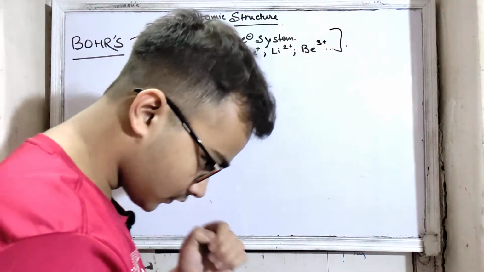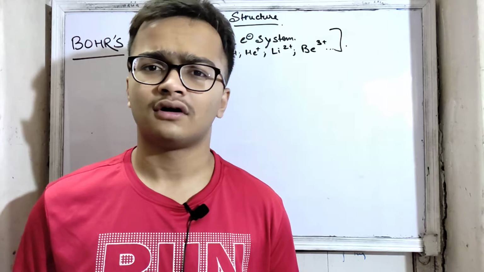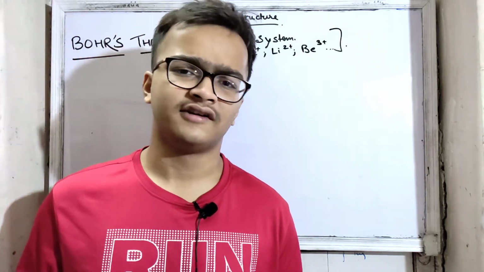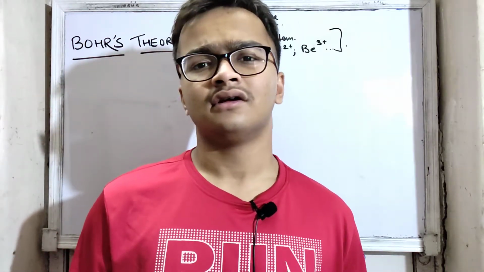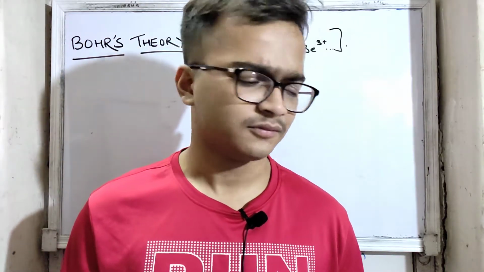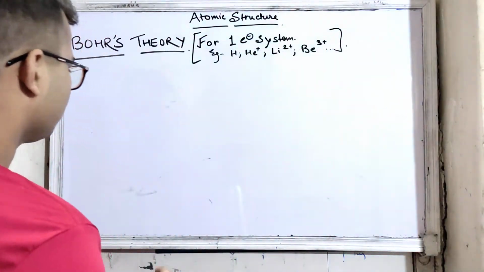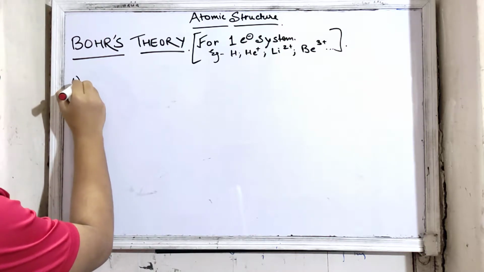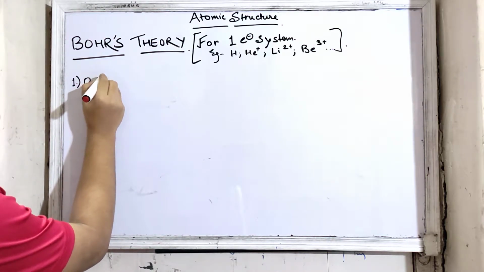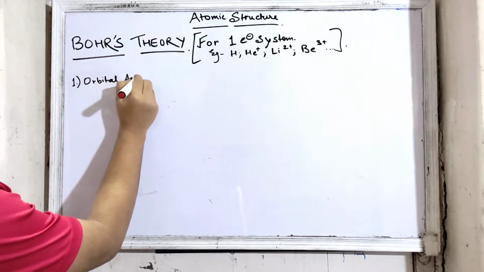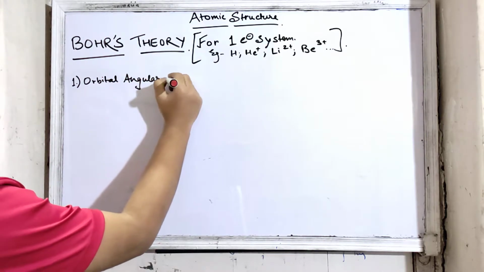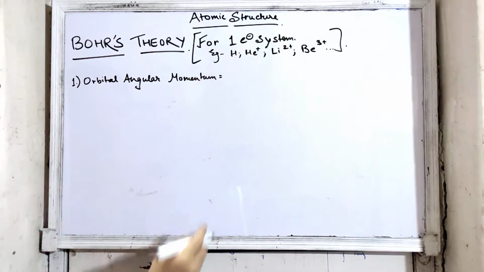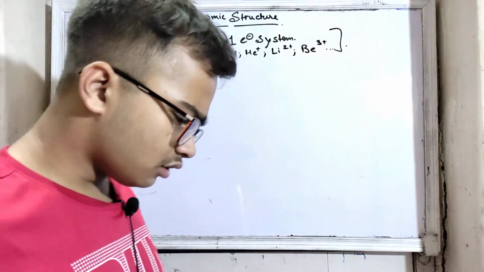Right. Now Bohr gave the formula for the orbital angular momentum. What is the orbital? Orbital is the region or space where the probability of finding an electron is maximum. So number 1, formula for orbital angular momentum.